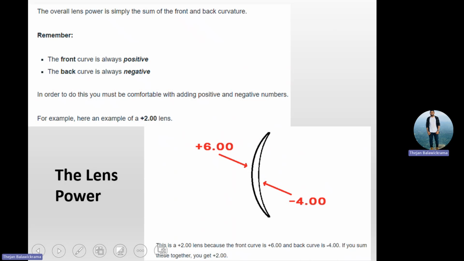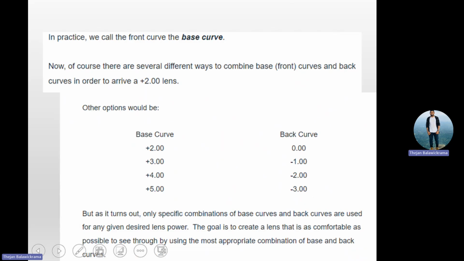And the overall lens power is simply the sum of front and back curvature. If you have something like this, surface lens power of plus 6 and minus 4 for front and back, the total is this much. Why?